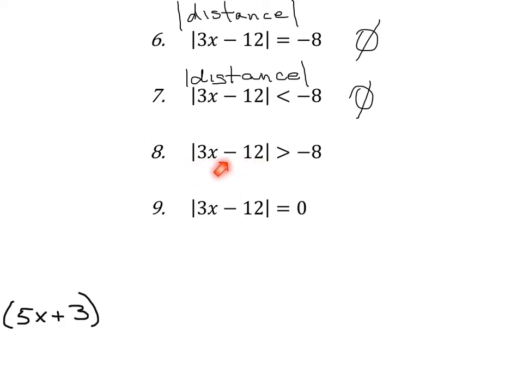So any value of x you choose, this will be a true statement. So anytime you see an absolute value on the left being greater than a negative number, it means all solutions are true, and your interval looks like that, and your graph looks like that.